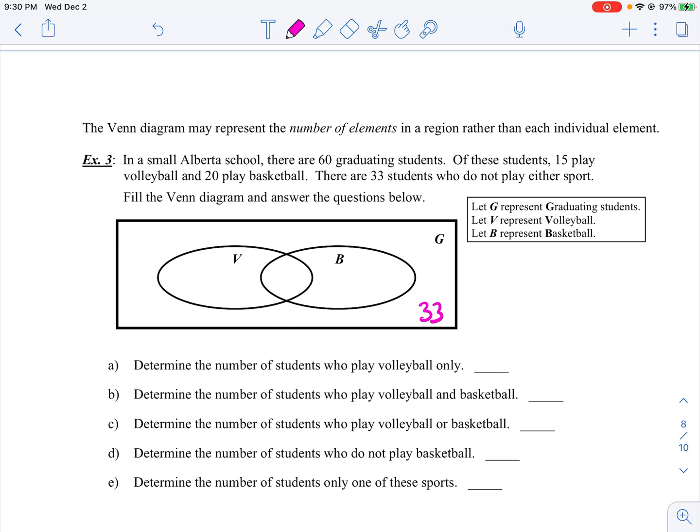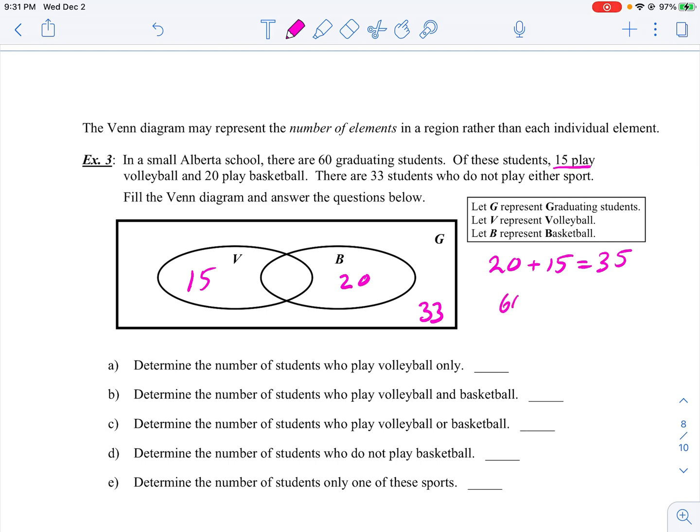First, let's take a look as if all of the students, all 15 who played volleyball, only played volleyball. And all 20 that play basketball only played basketball. That would be 20 plus 15, which is 35 players if they had only played basketball or volleyball.